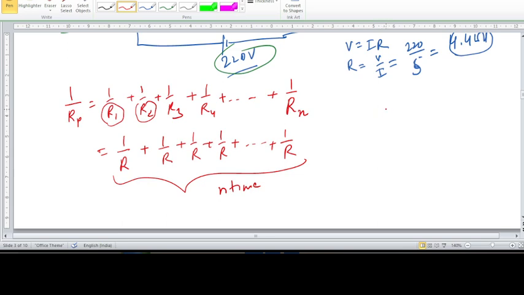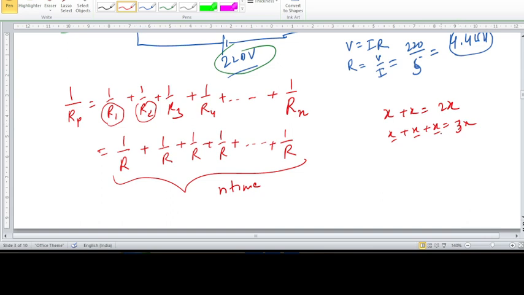Now tell me one thing. If I write x plus x, it gives us 2x. If I write x plus x plus x, it will give us 3x. The number of times you write x, that number appears.